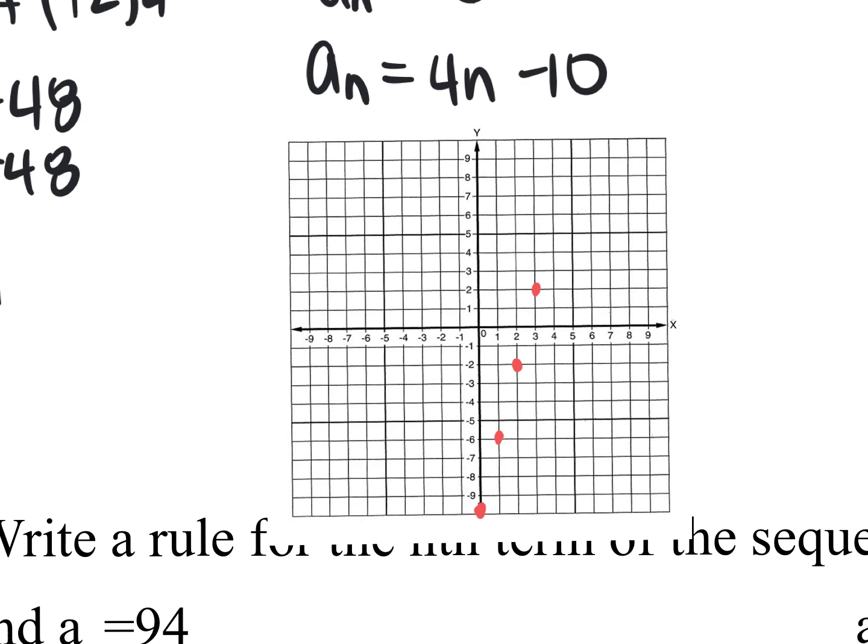What's the next one? 2 plus 4 is 6. What's the next one? 10. And the next one, 14. That's my 6 terms. I don't connect them because there is no 1.5 term. This is what's called a discrete graph. It's not connected.